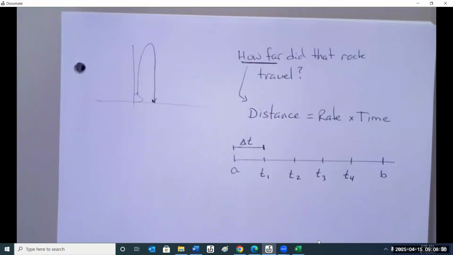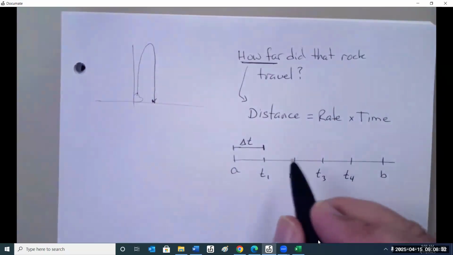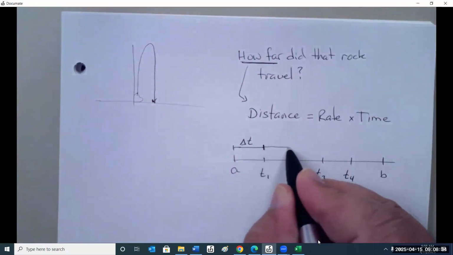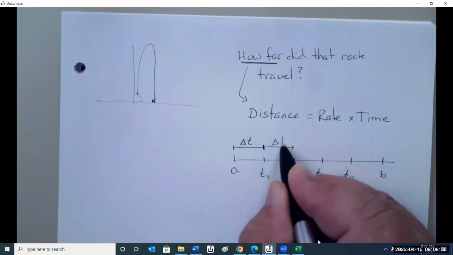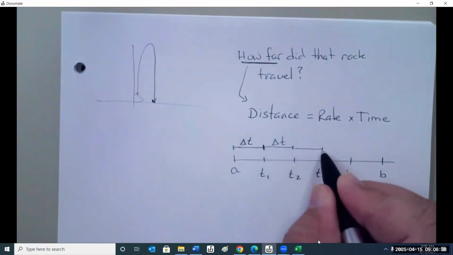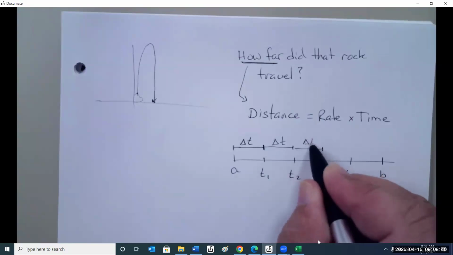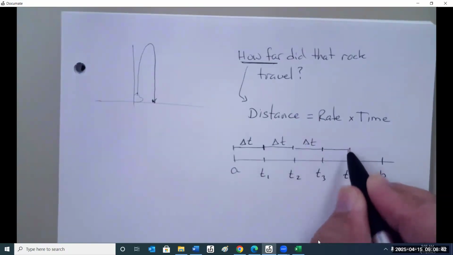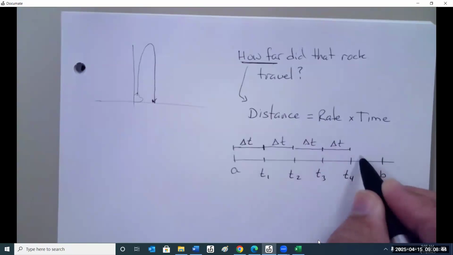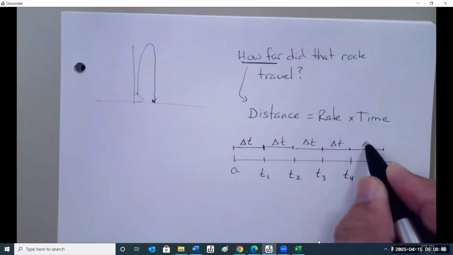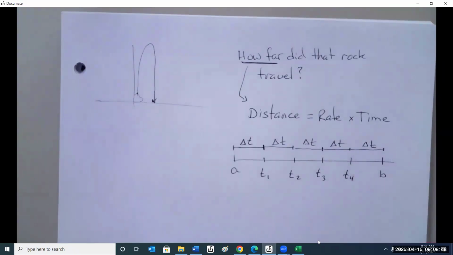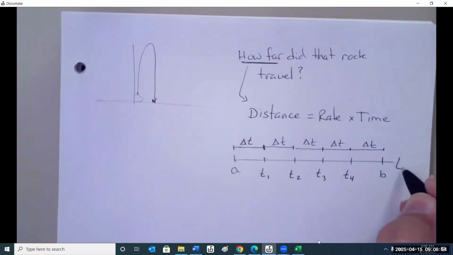We break it down to each interval of time. So each one of these are delta t. They're the same unit of measure. This happens in t seconds.